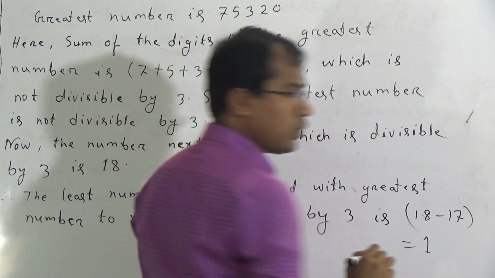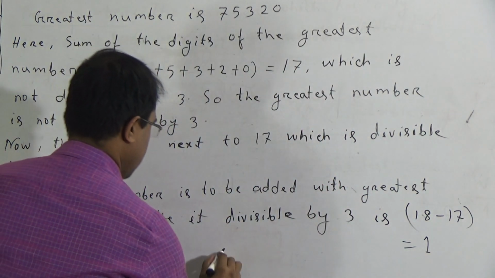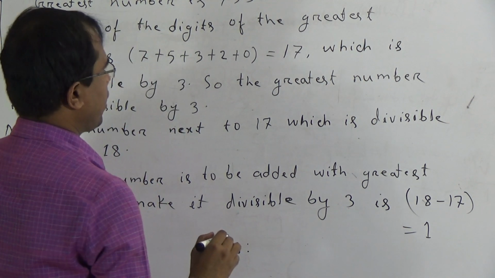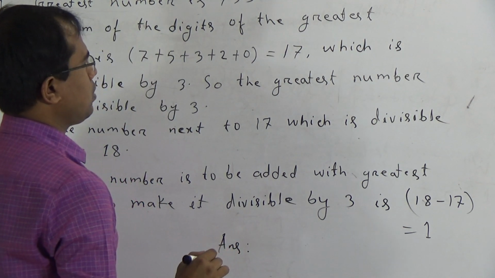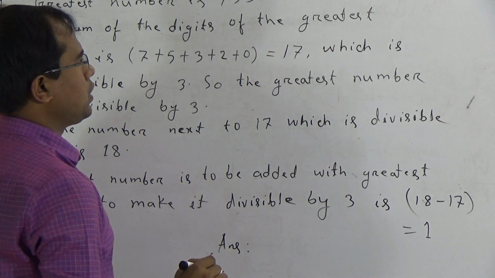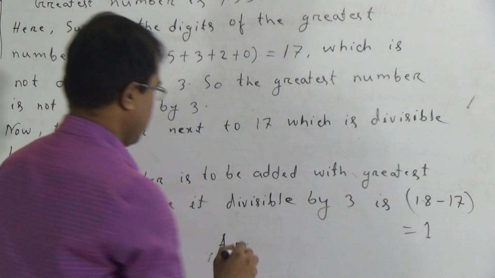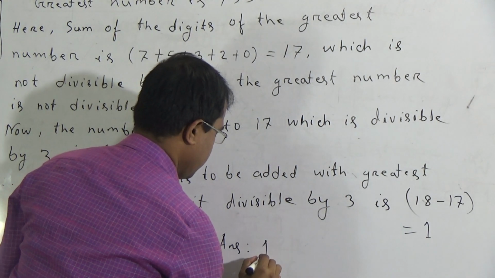So the answer will be 1. If we add 1 to the greatest number, then the sum of the digits of the number will be 18, and 18 is divisible by 3, so the number also will be divisible by 3. So the answer is 1.